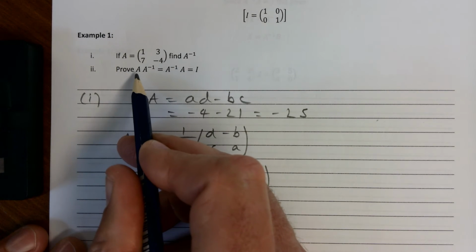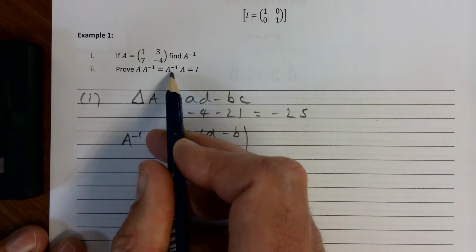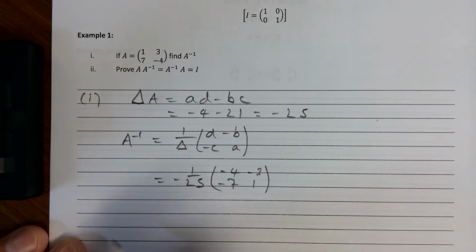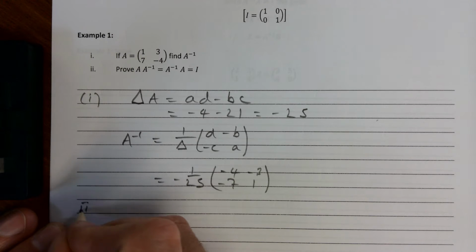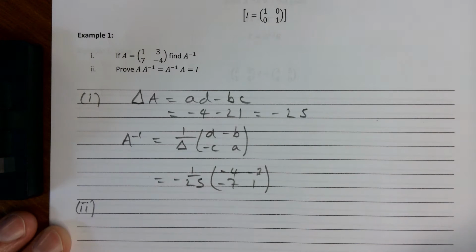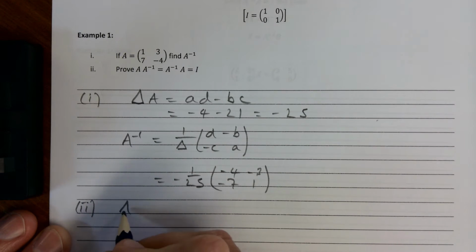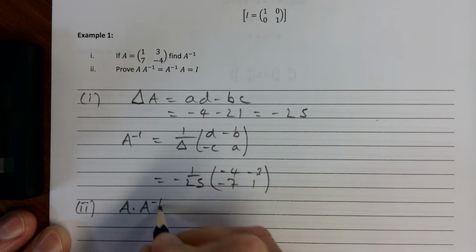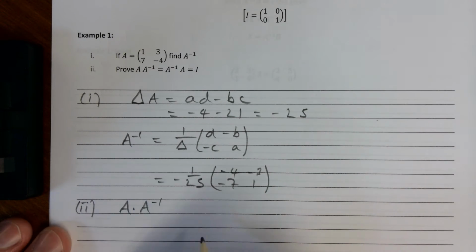Part 2 then says to prove that A times A to the minus 1 equals A to the minus 1 times A equals I. So let's do that. We need to multiply these two things by each other. First of all, we're going to multiply A by its inverse. Sometimes a wee dot just means we're multiplying.